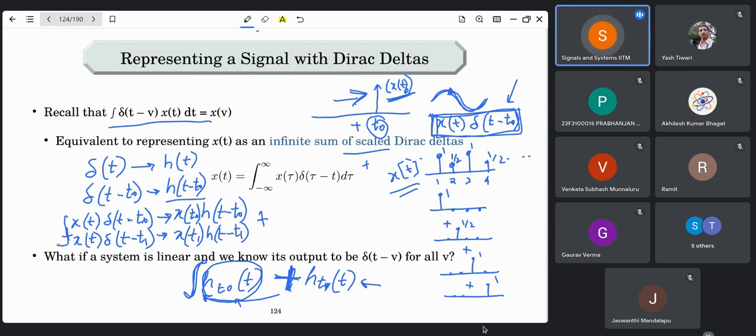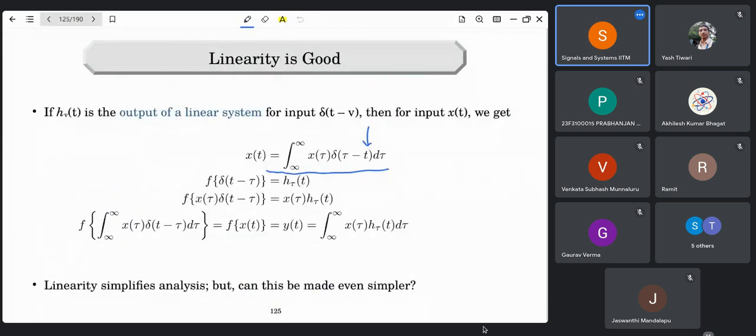This addition becomes an integral, and similarly here this becomes an integral. The variable of integration is T0, T1 and so on, because that is the one that is changing. So effectively what we have here is x of tau times h of t minus tau. Does it make it clear, or is it still confusing?